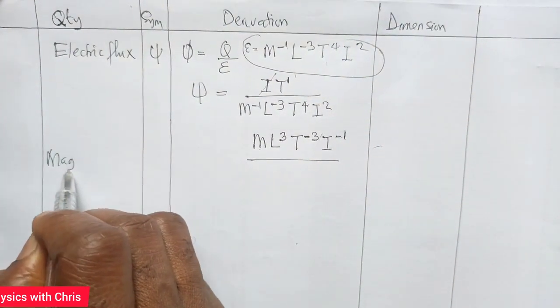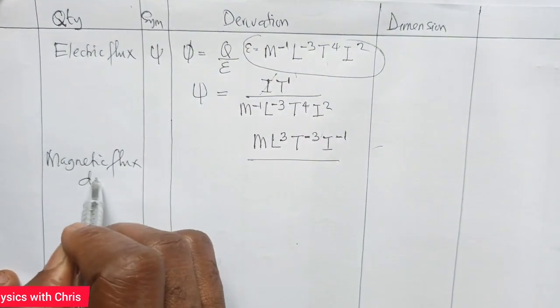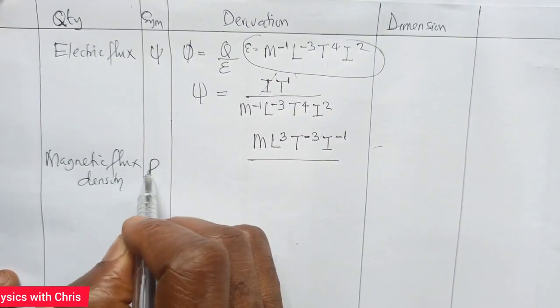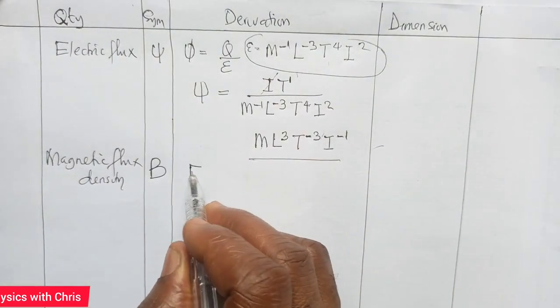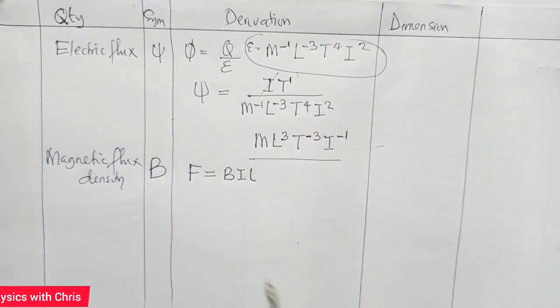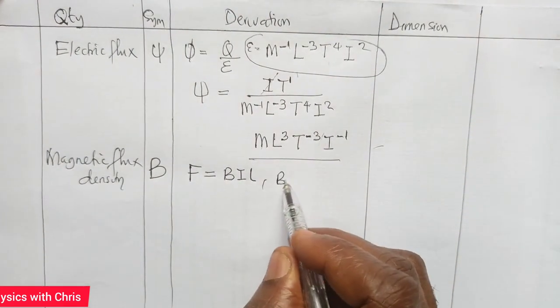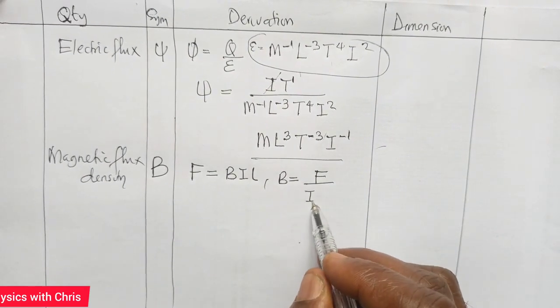Magnetic flux density. Let's see the dimension of magnetic flux density. The symbol is B. That's the B field. Some call it magnetic field strength. Let's use this formula to derive it, where B is the magnetic flux density given by the force over current times length.